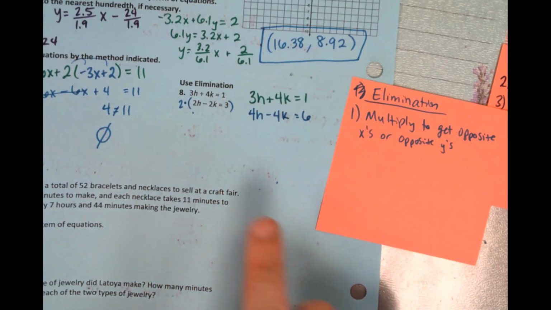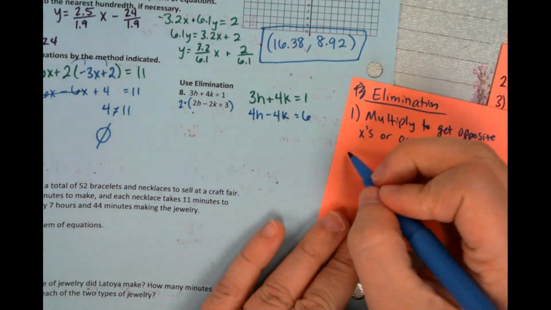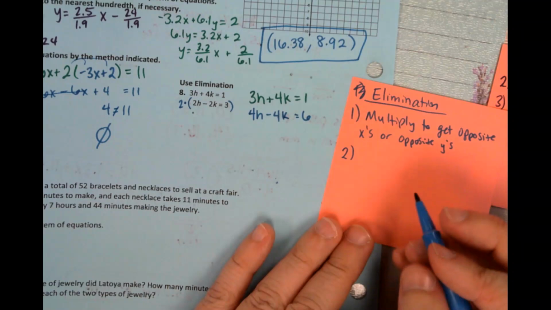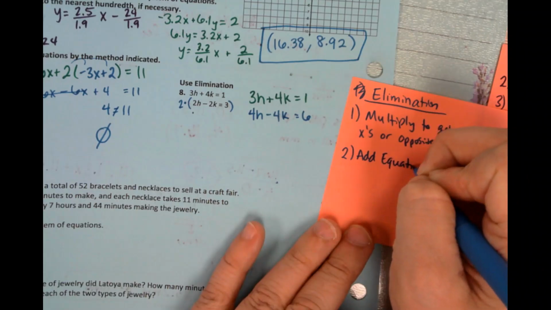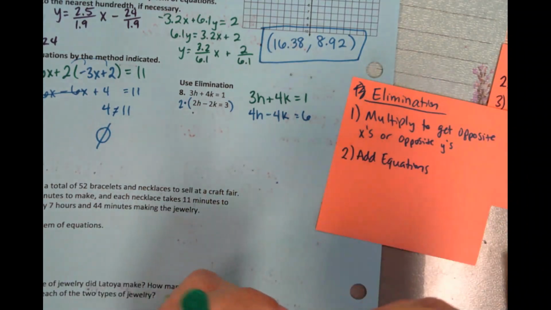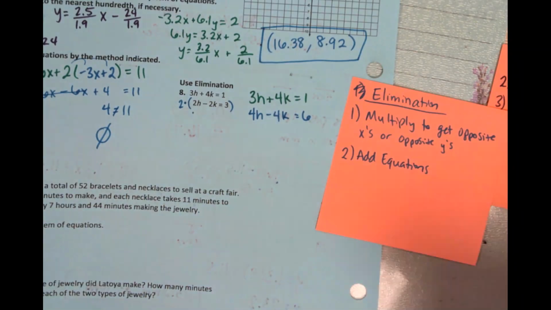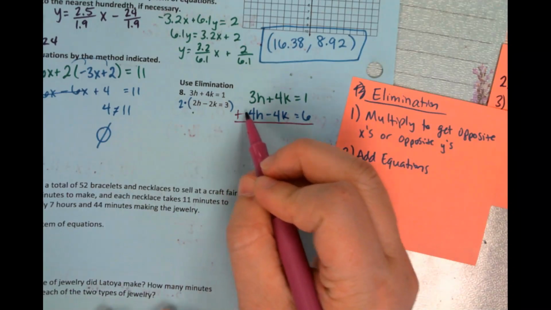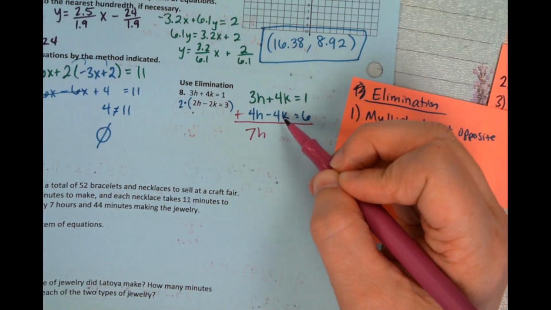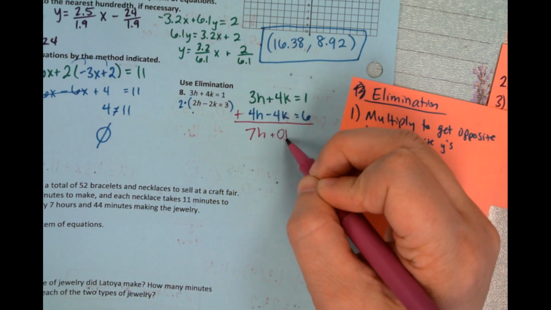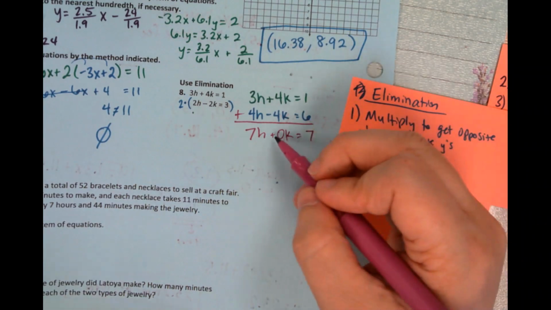Now, we have multiplied to get opposite y's in this case. So our next step is to add the equations. If we set this up correctly, we should have a variable eliminate. 3 plus 4 is 7. 4 plus negative 4 is 0. 1 plus 6 is 7. 0k isn't even a k.